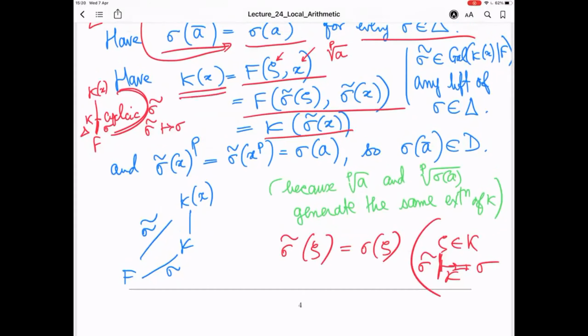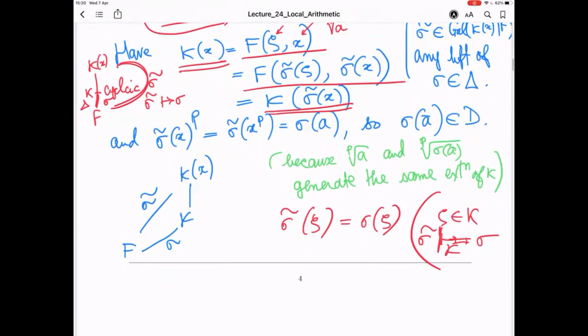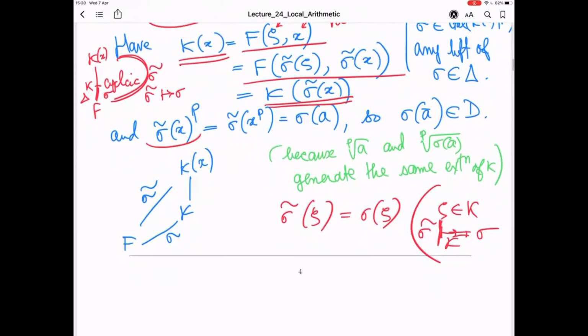So K(x) is also K of sigma tilde of x for any sigma tilde. Now, when I raise sigma tilde of x to the pth power, that's sigma tilde of the pth power of x, but the pth power of x is a. So sigma of a bar belongs to D.